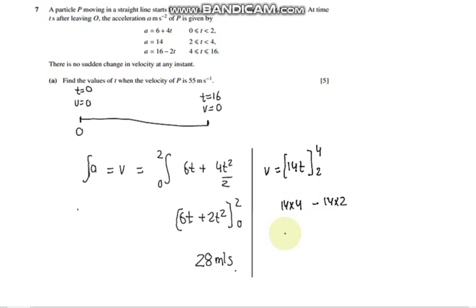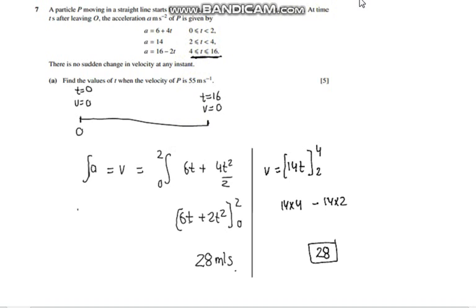So this would be equal to 28. That means that the velocity is still 28 over here. So the interval in which the velocity of P is 55 is surely in the third expression.